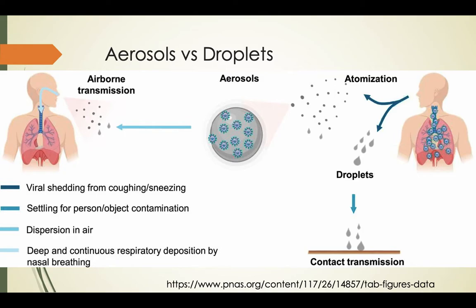So the problem is actually more with airborne transmission, especially during the summer, because it will allow aerosols to have an optimal environment where they can freely float in the air and travel far distances from the donor to the recipient.